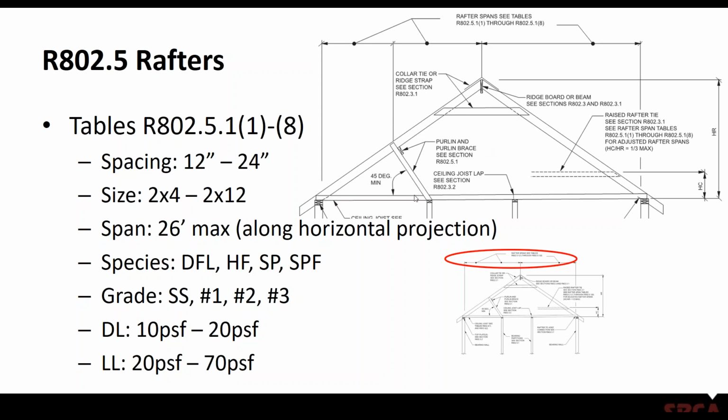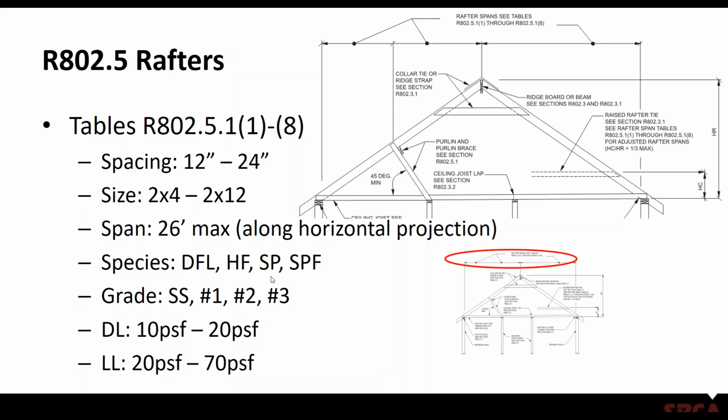Or on the left-hand side, because you've got that purlin brace in there, now that 26 feet basically would go from the ridge board to the location of that purlin and purlin brace, and then also 26 feet from the purlin brace out to the outside wall. Again, measured on the horizontal.